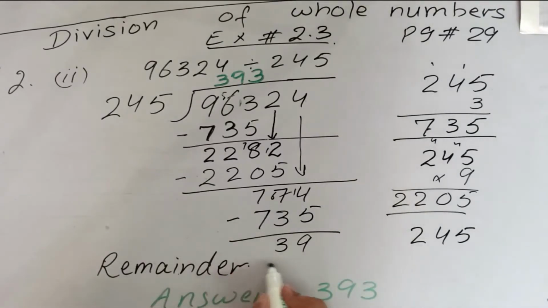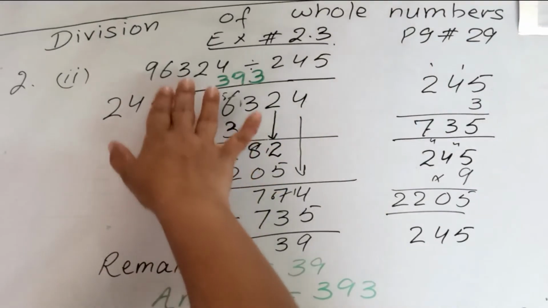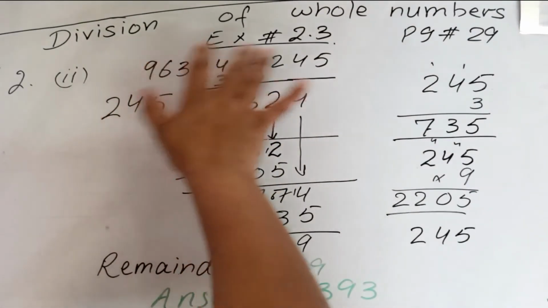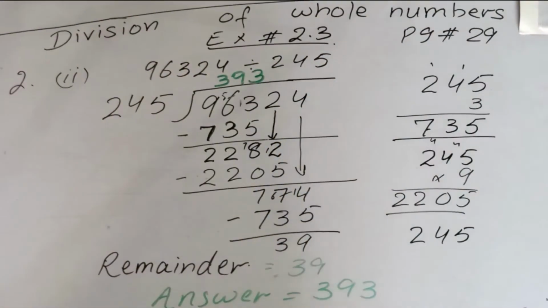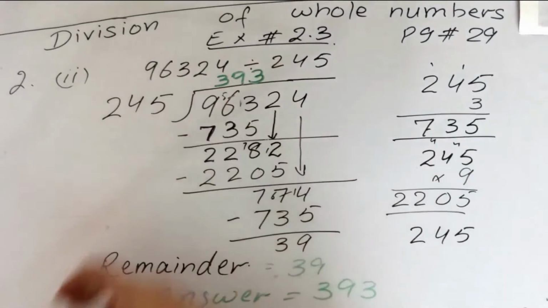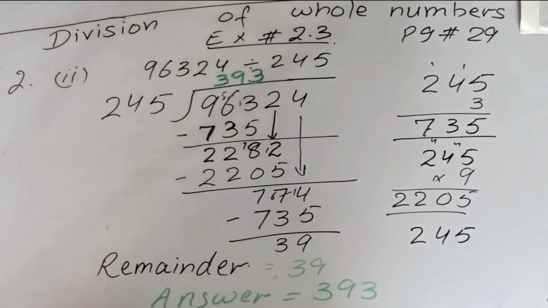And you have to write the remainder as well. This is 39. When we divide this value, because this is not completely divisible by 245, that's why we get remainder over here.